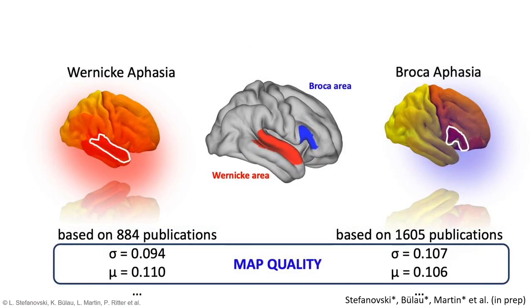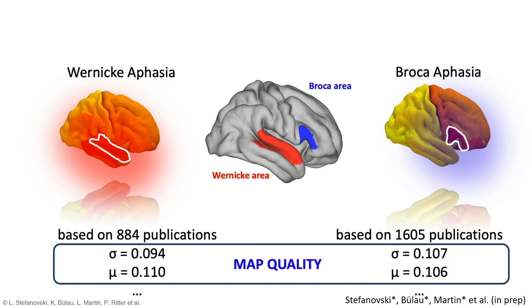It extracts with natural language processing how relevant the brain areas are in the context of the search. For example, here Wernicke aphasia, and on the right side Broca aphasia, as you heard in the talk. And you can see that the most relevant areas are the Wernicke area for Wernicke aphasia and the Broca area for Broca aphasia.